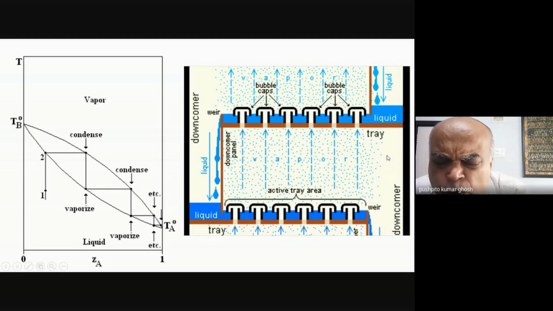There is a huge amount of work on the interior design of the column, and these are not empty columns. There are hundreds of these trays. These trays have fine pores, so the liquids are falling down from here, the vapors are going up, and it creates a very high surface area for interaction between the liquid and the vapor.